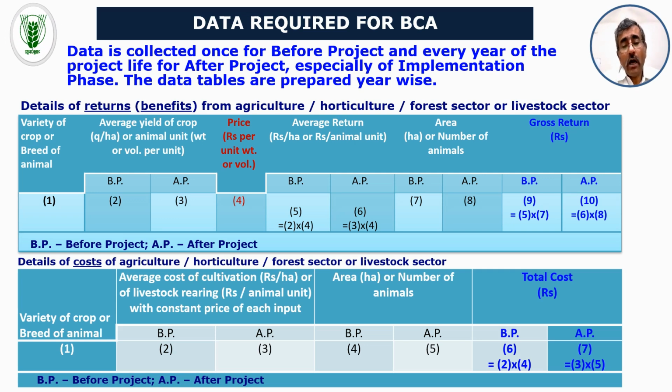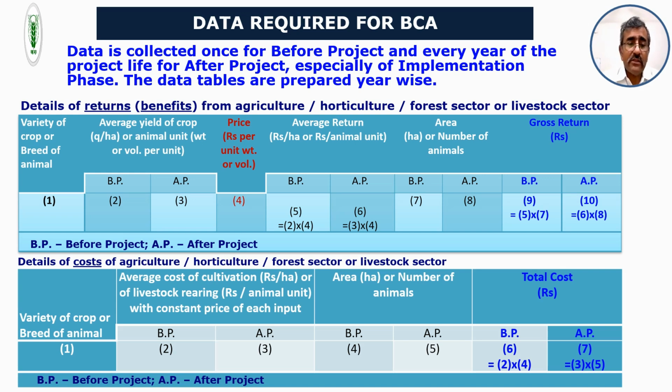Then the area under the crop variety or the number of animals of a particular breed before project and after project. The data used here in the cost table will be the same as used in the returns table. Then the total cost before project can be estimated by multiplication of column 2 with column 4 and of after project by multiplication of column 3 and column 5.